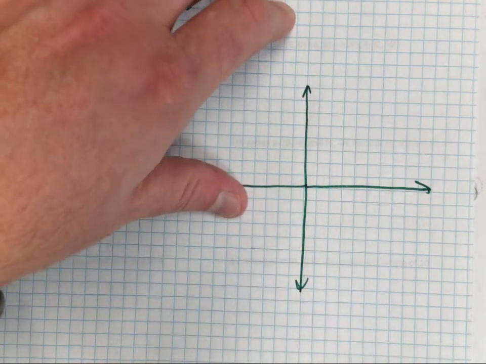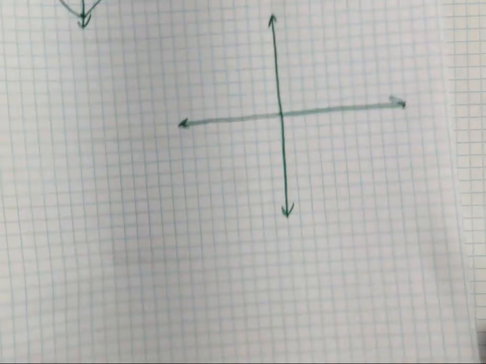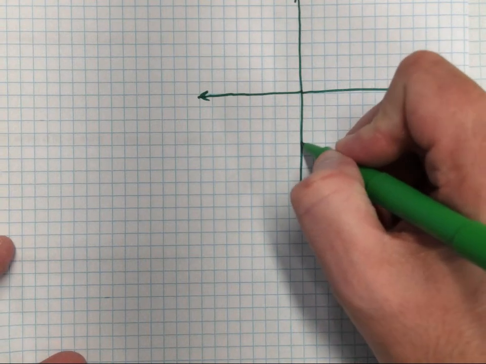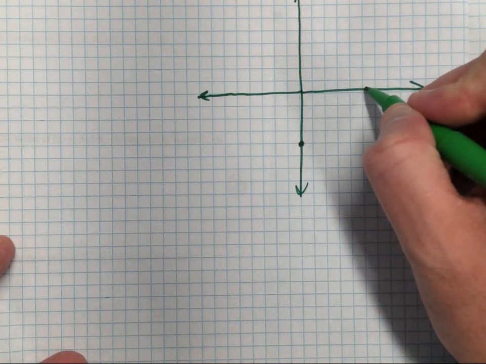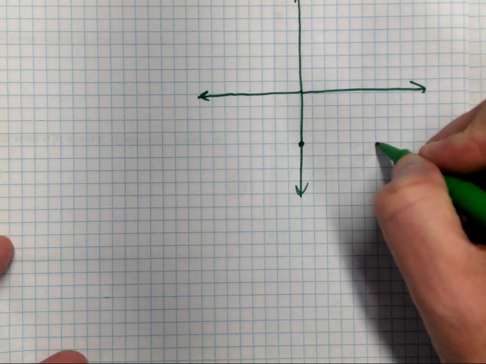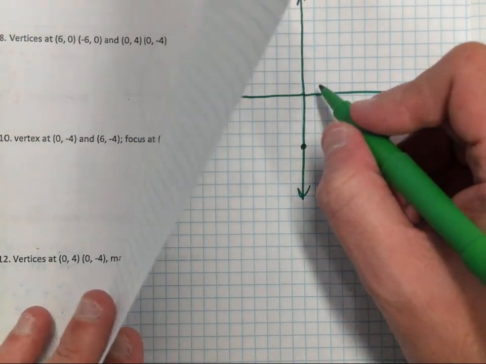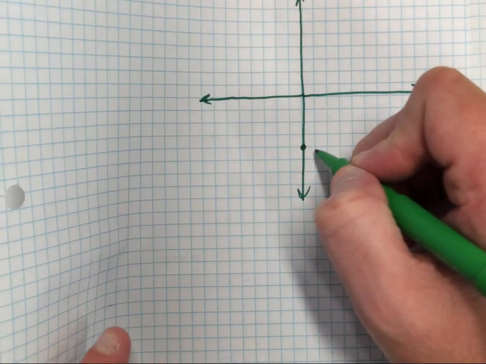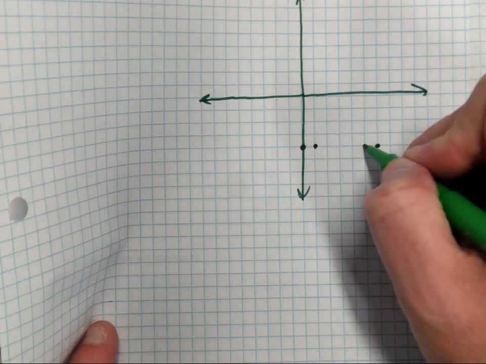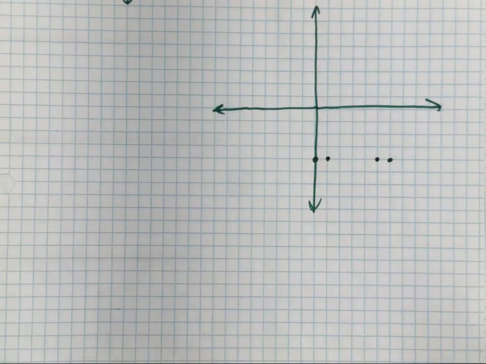And yes, I'm going to let you have graph paper during the test where you can just make your quick drawing wherever you need to. I just graphed the dots they gave me, my edges and my focus.